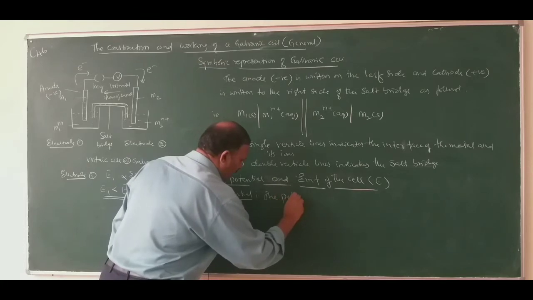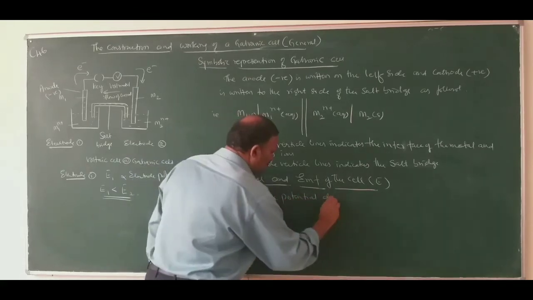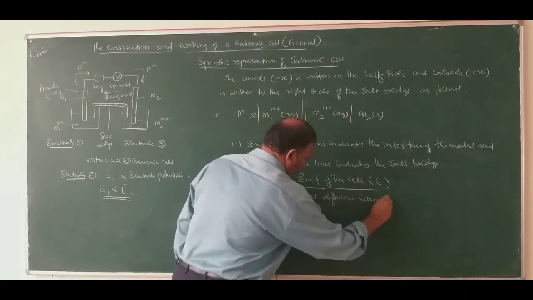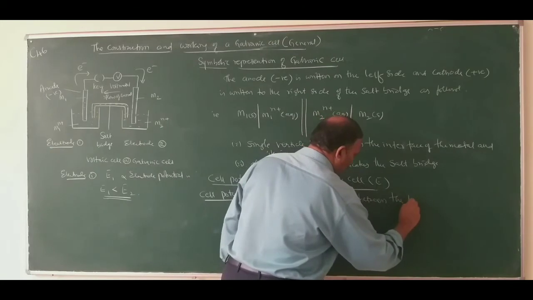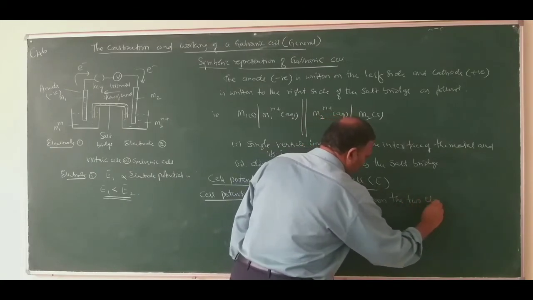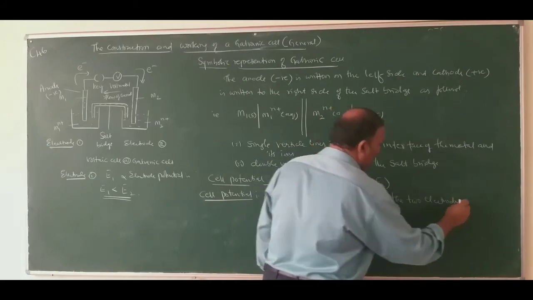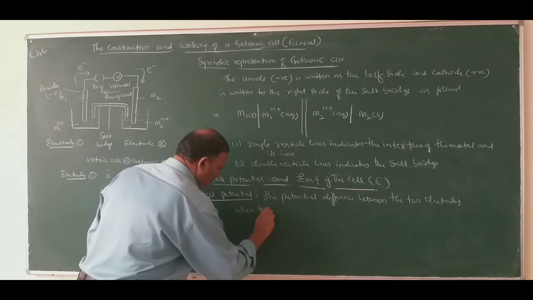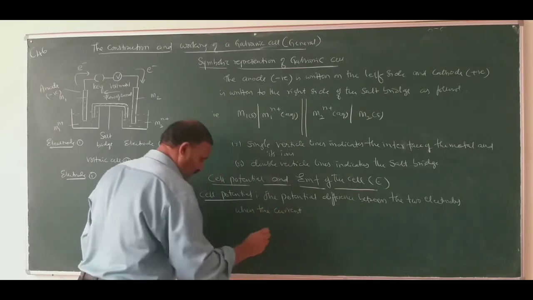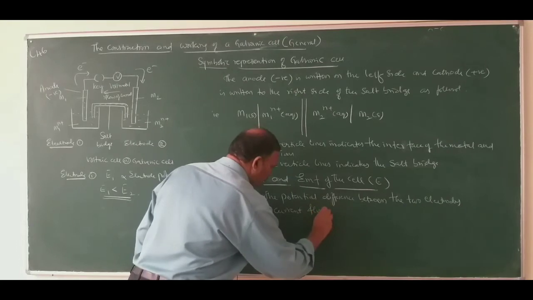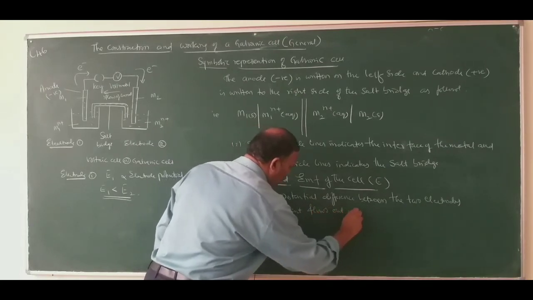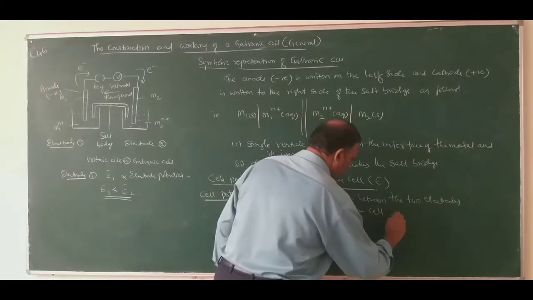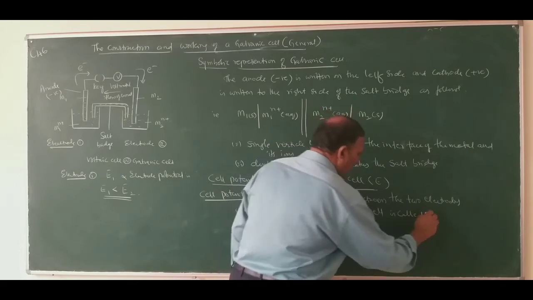So now we will know what is cell potential. The potential difference between the two electrodes when the current flows out of the cell is called cell potential.